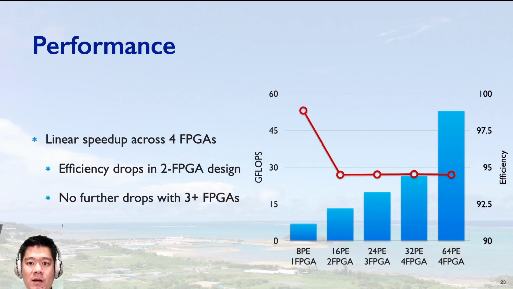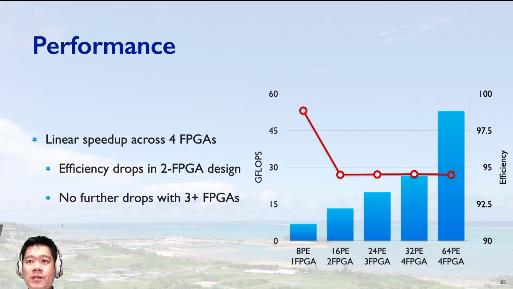And here are the performance results with 8 PEs to 64 PEs. The result showed almost linear speedup with reasonable efficiency. Efficiency means the ratio of theoretical and observed performance in gigaflops.